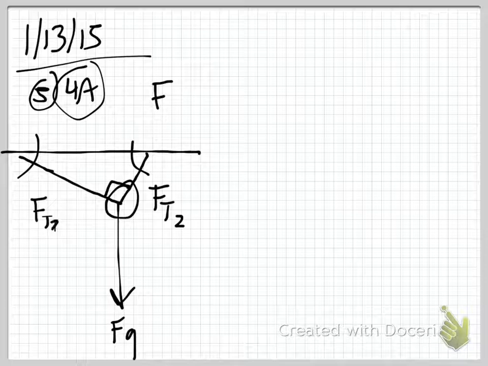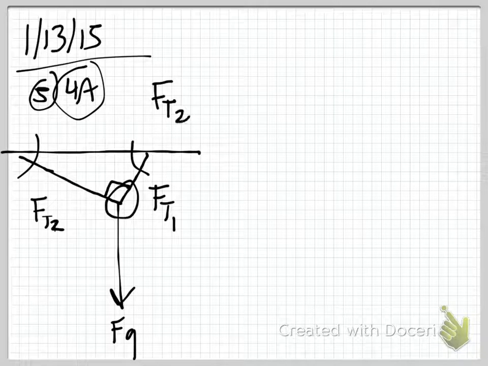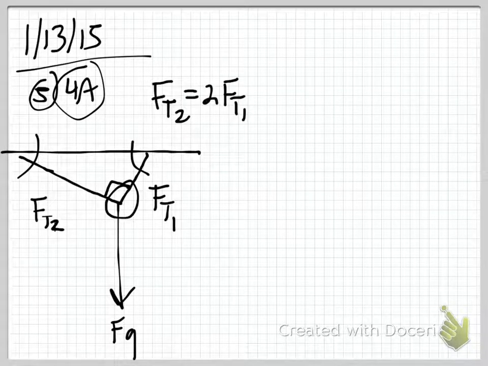Okay, let me change that to reflect what I did on my own paper. F of T2 is twice F of T1. Okay, so you've all got that so far? It doesn't matter. One of them is twice the other.